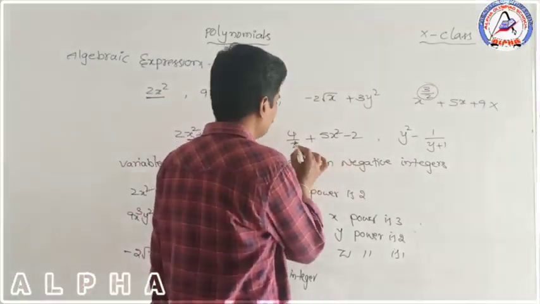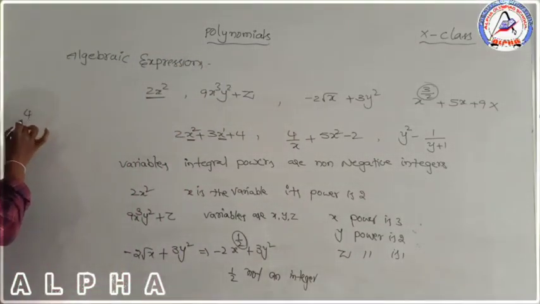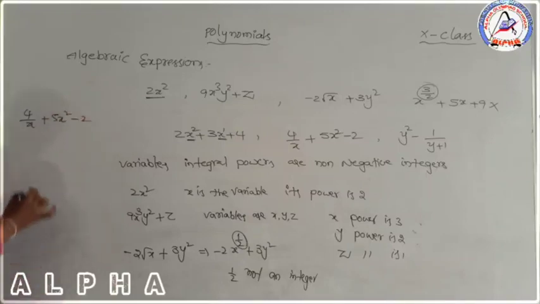Now this one, 4 by x plus 5x square minus 2. 4 by x we can write as 4 into 1 by x, and 1 by x we can write as x to the power of minus 1.